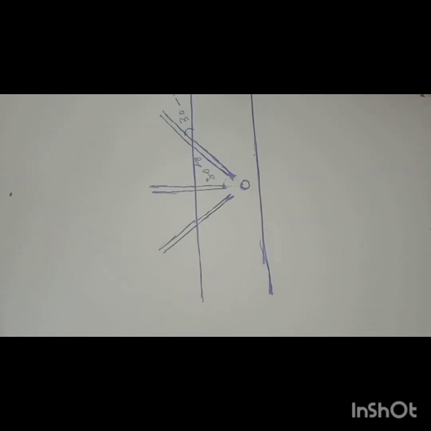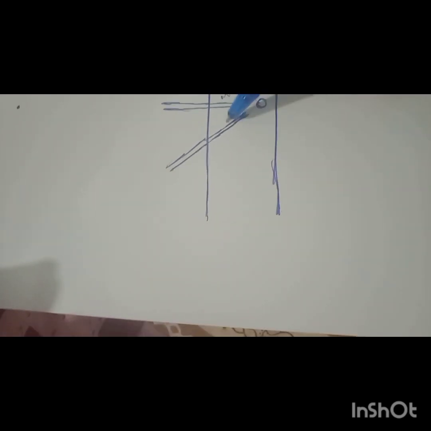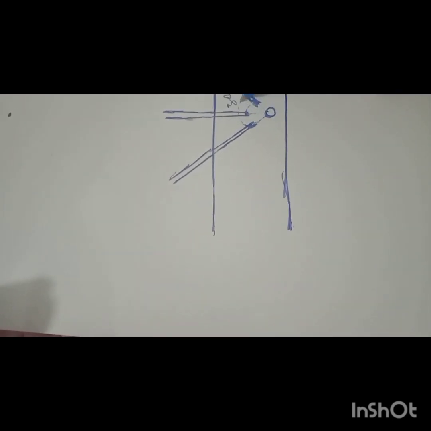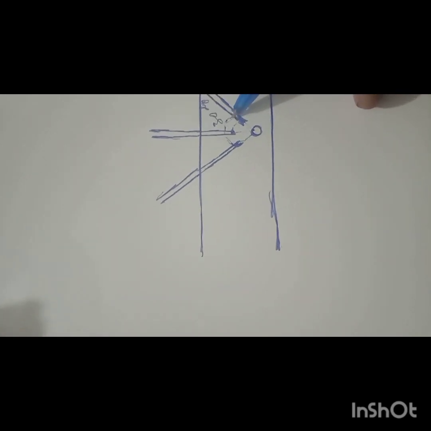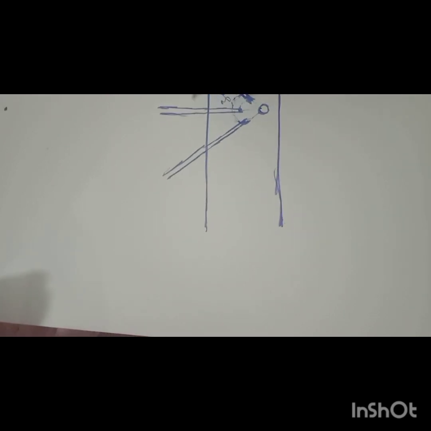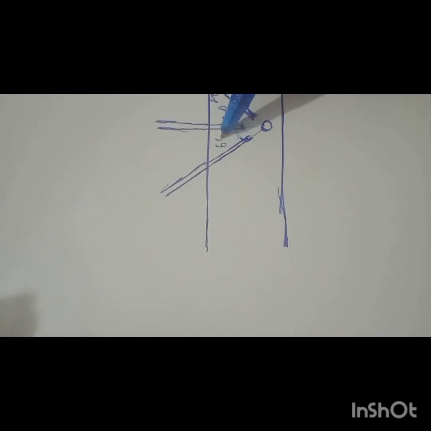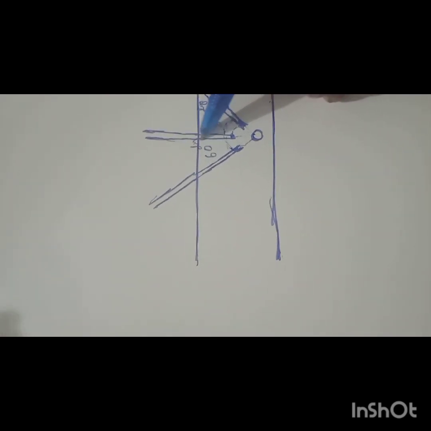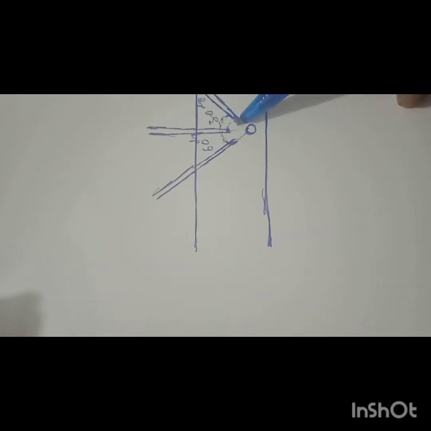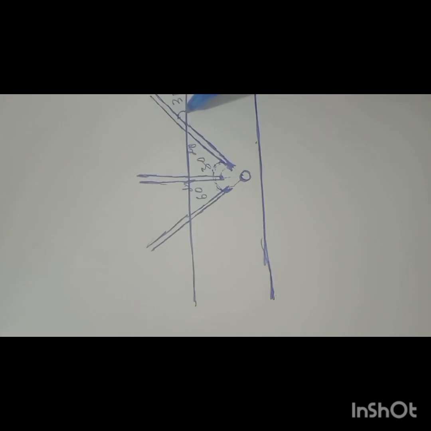The third and most important one is the angle of manipulation, the angle between 2 working instruments, 2 laparoscopic instruments, and that should be about 60 degrees. So: angle of manipulation, angle of azimuth and angle of elevation.